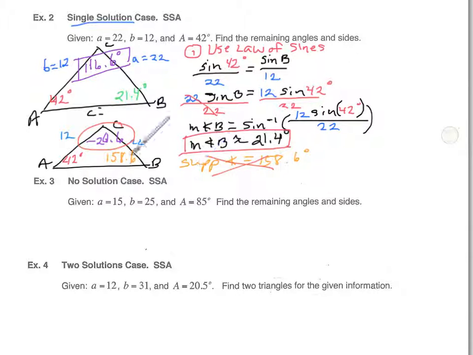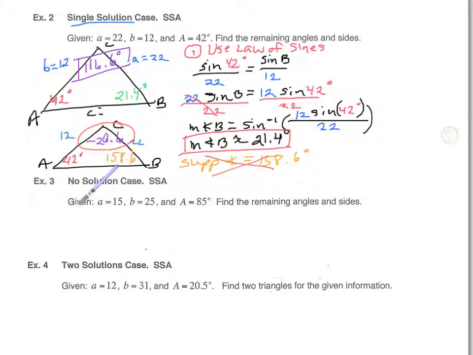Okay? So with the 21.4, you're right, we got the 116.6. That makes a triangle. Then you have to look at its supplement, because look at the picture above where it says 2. See how that side A can swing and make an overall acute triangle, or it swings to the left and makes an obtuse triangle. The supplement to 21.4 is an obtuse angle, 158.6.